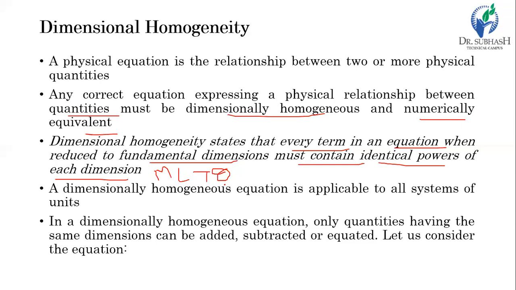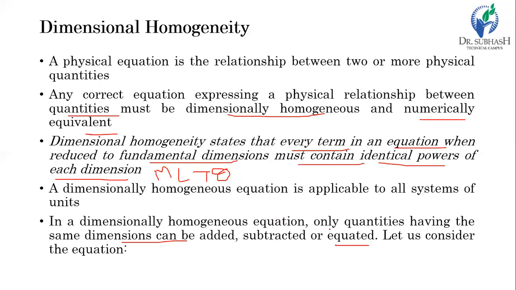So in all cases, when you reduce all the quantities in the equation on the left hand side and right hand side, the powers of M, L, T, and theta are equal on both sides. Whether it may be 0, 1, 2, or 3, it does not matter, but it must be equal if the equation is dimensionally homogeneous. Thus, a dimensionally homogeneous equation is applicable to all systems of units, and in a dimensionally homogeneous equation only quantities having the same dimension can be added, subtracted, or equated.